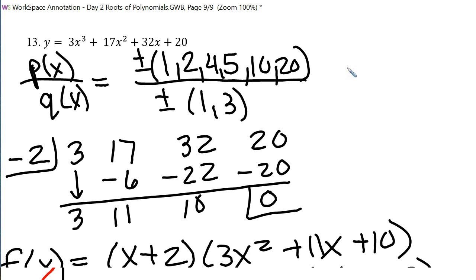And what is our y-intercept? If I put in zero, it would be 20. I count by 5, so here's 5, 10, 15, 20, and the y-intercept is right there at 20. Our x-intercepts are at negative 2 and negative 5/3.